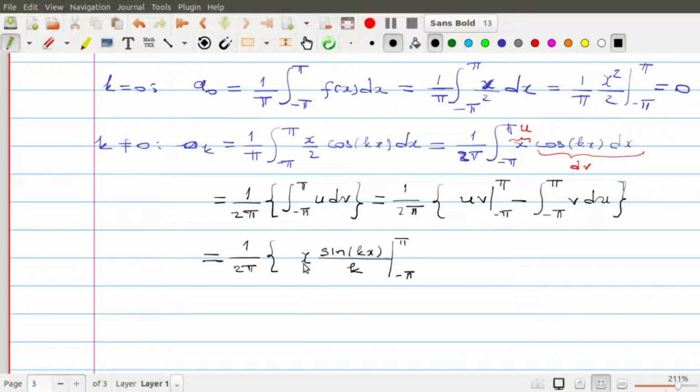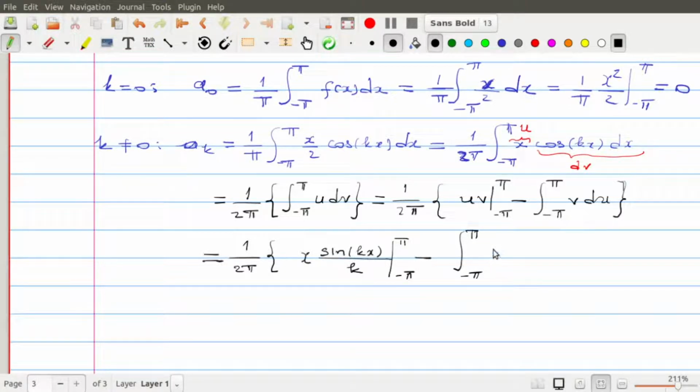So this is u, this is v, minus the integral from negative pi to pi of v du. So we know already that this is v, du. If we compute the differential of x, it will be dx.